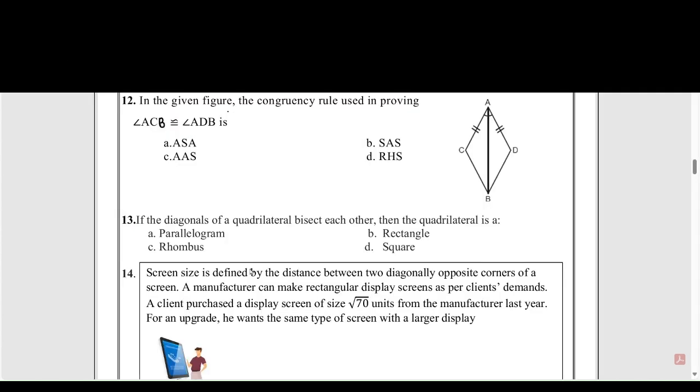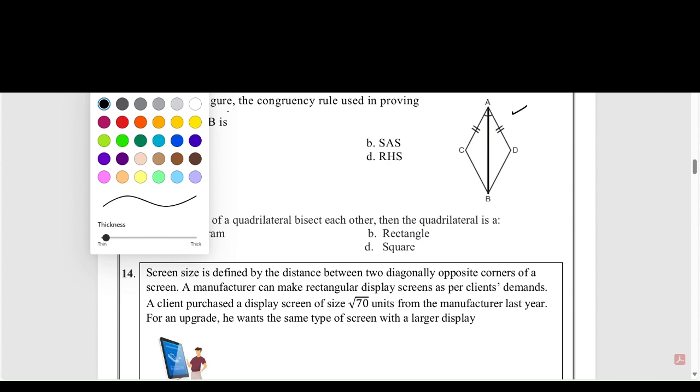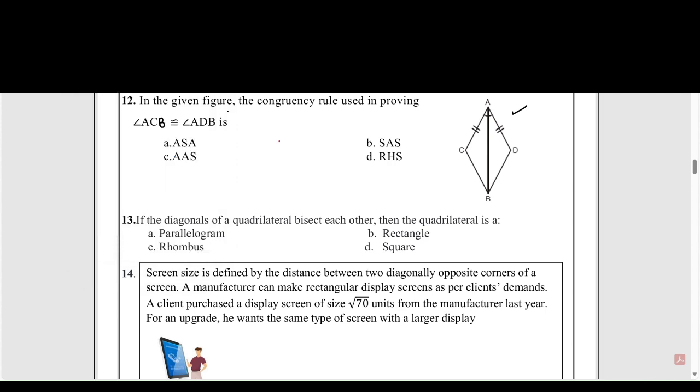Next, question number 12. In the given figure, this is your figure, the congruency rule used in proving that triangle ACB is congruent to triangle ADB, this angle and this angle. That means you need to enter into these triangles as well.